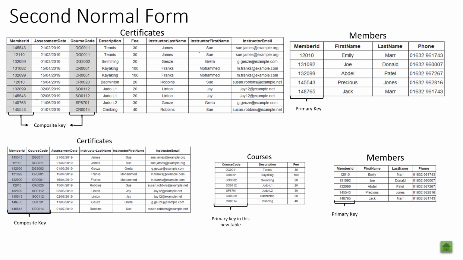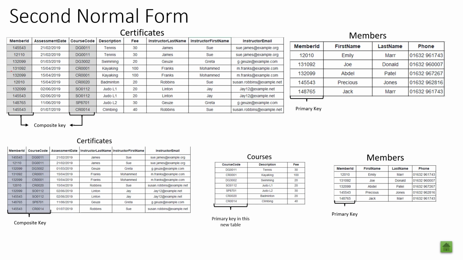They relate to the courses, because, for example, Sue James will teach tennis, Mohammed Franks will teach kayaking, and Jay Linton will also do judo. People like Greta will do judo and also swimming. So they relate to the course code, and the member is assessed by that instructor, and that's down to the assessment date.